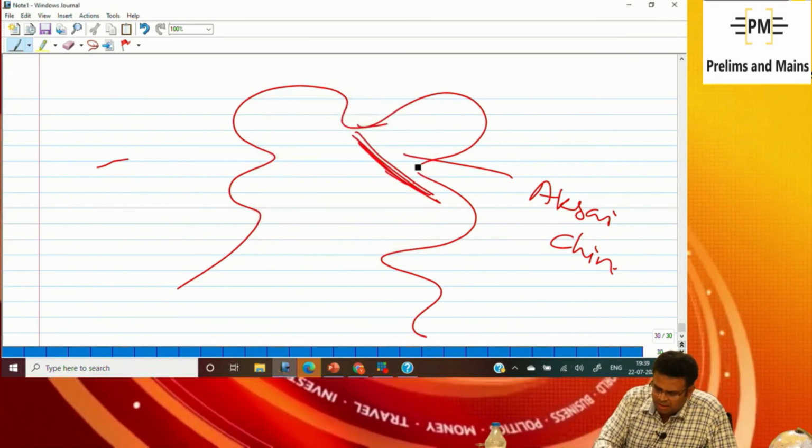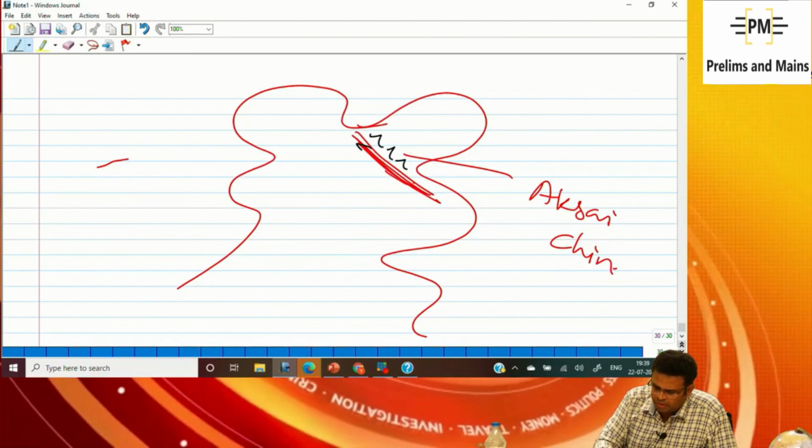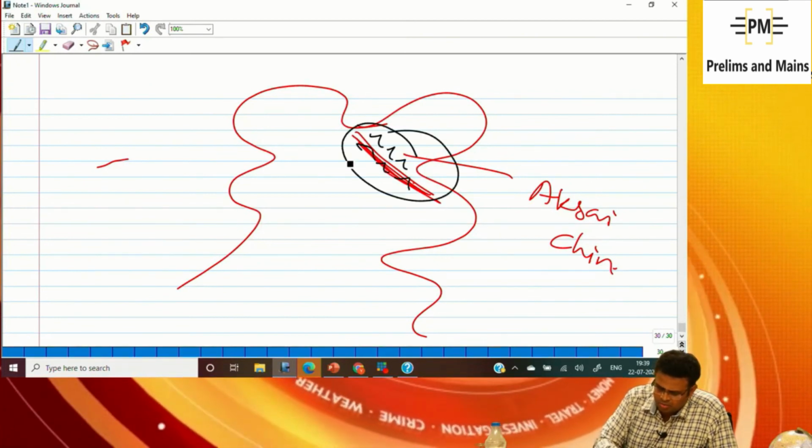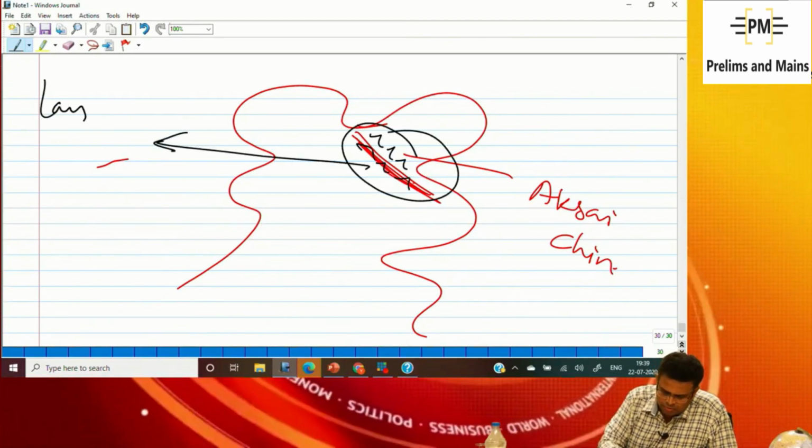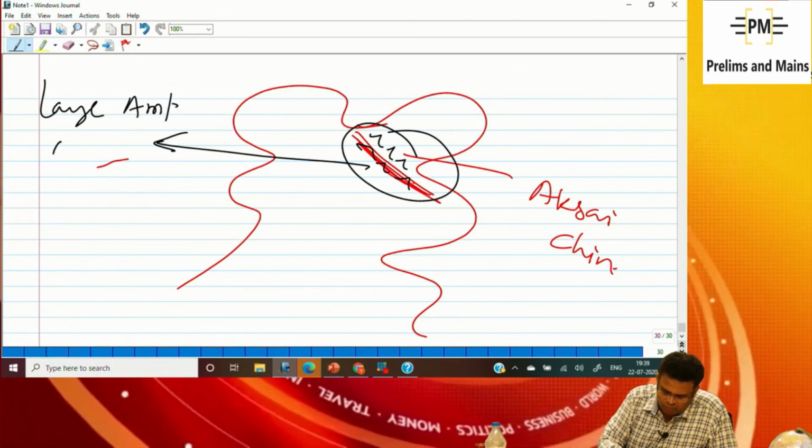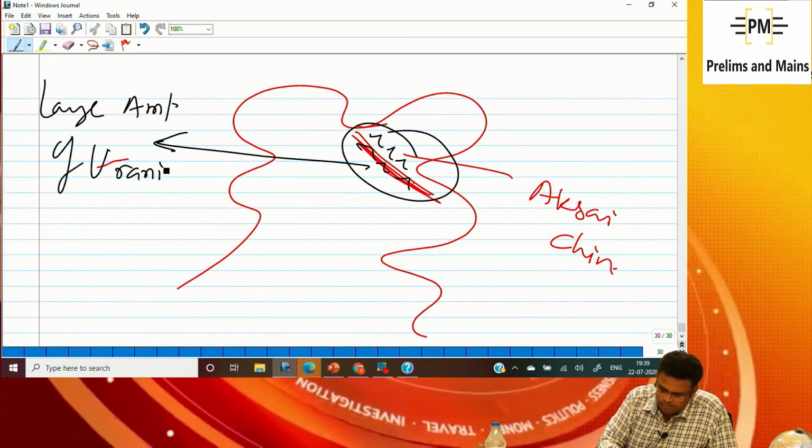You know that in those mountain ranges over there, it has also been found that there is a large amount of uranium.